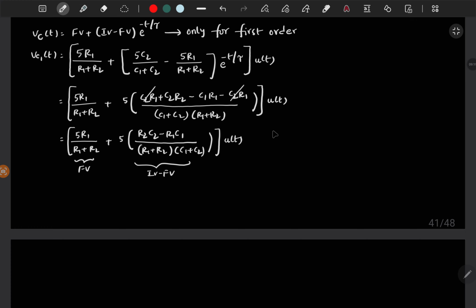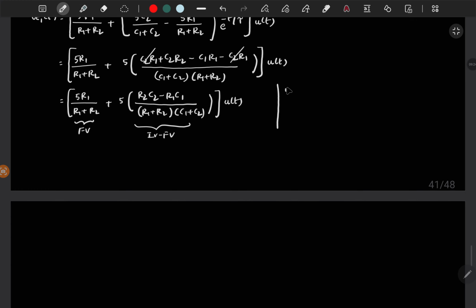So I'll write down here: if initial value minus final value is positive, that implies the capacitor will discharge.